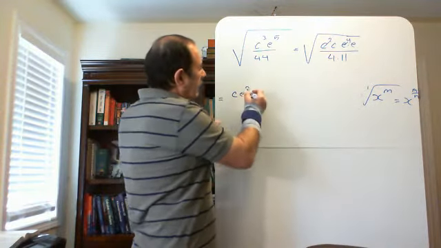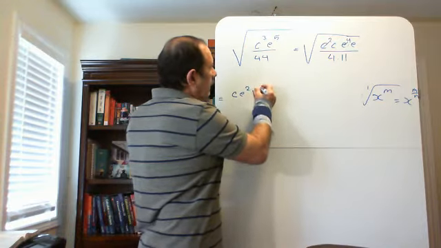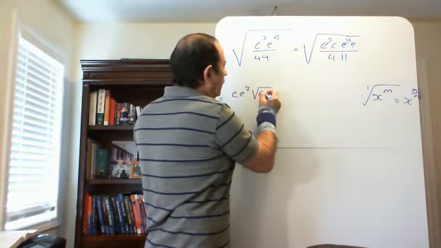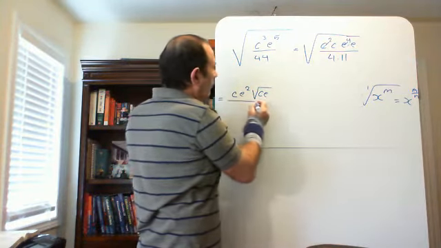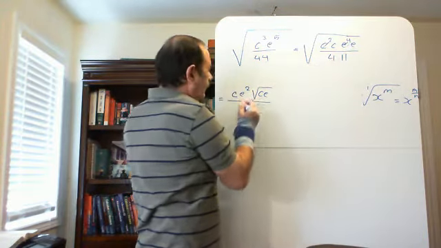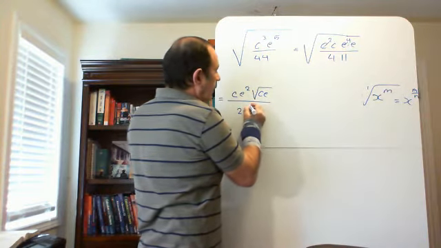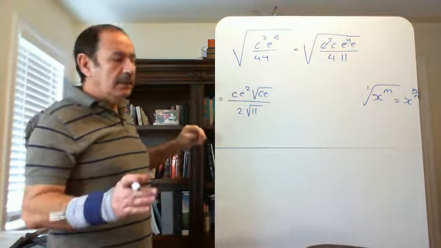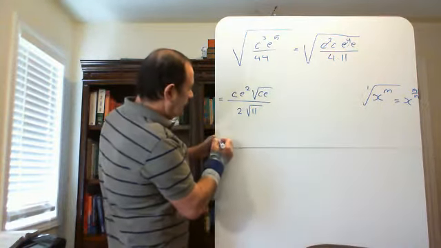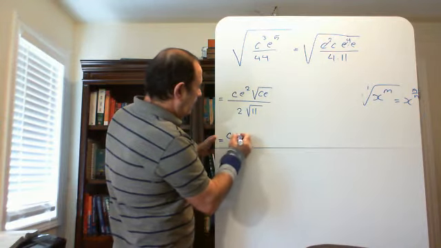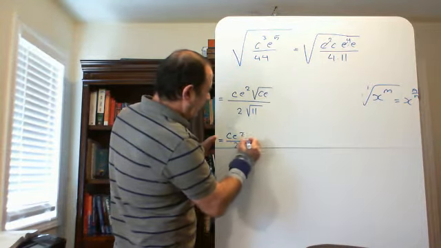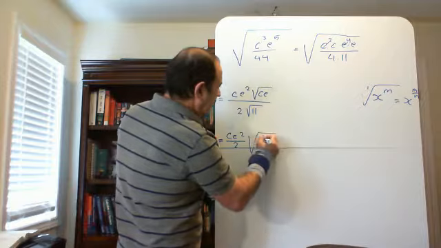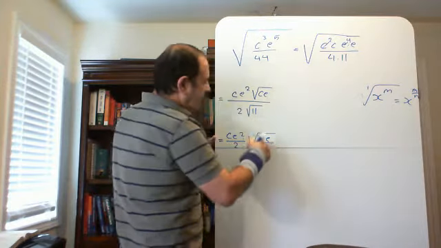What is remaining under the radical? ce. And what about the denominator? I can take this 4 out of the radical, leaving radical 11. Or, remember, I can write it as ce to the power of 2 divided by 2 radical ce over 11. Both are the same thing.